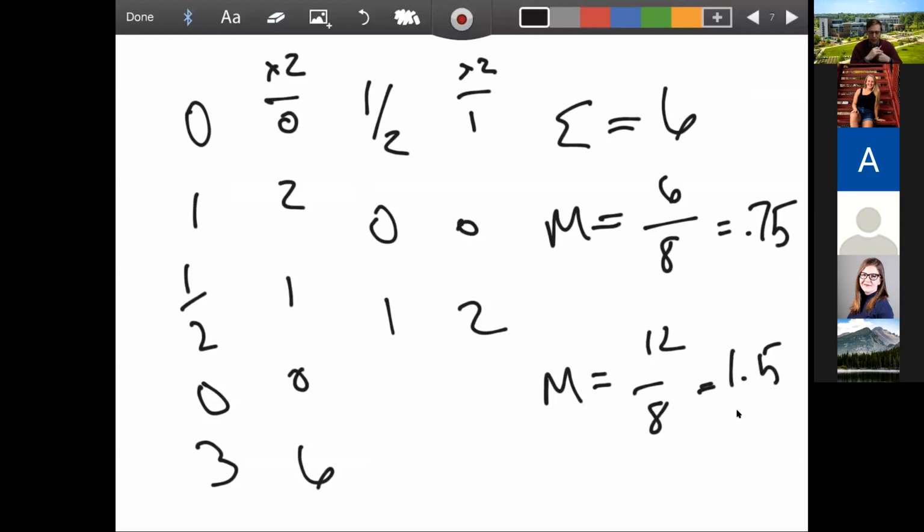So going back to our examples before, what happens when you add a fixed value? What happens to the standard deviation? So when you add a value, the standard deviation doesn't change, right?